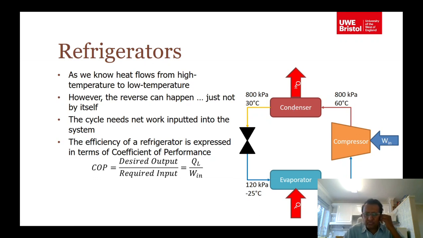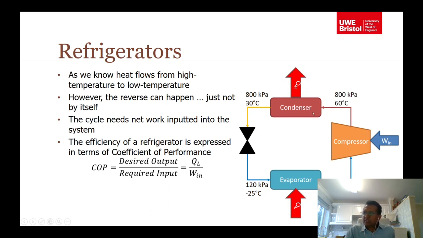In some refrigerators you can see the condenser coils. Then you have a compressor which compresses the working fluid, and then a throttle valve, which throttles the liquid out of the condenser to the evaporator pressure.